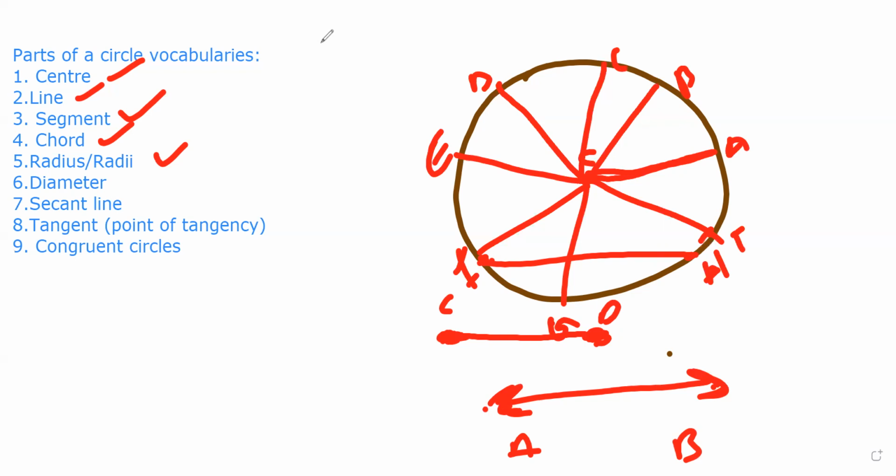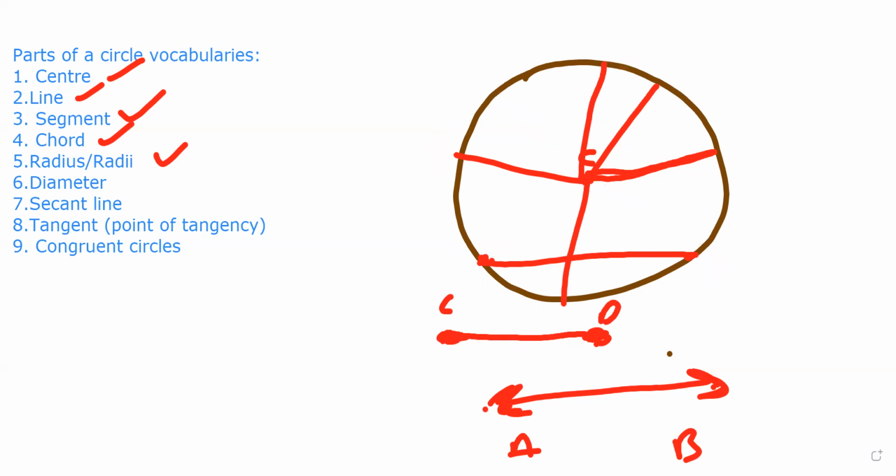So if C to A is 5 centimeters, all of them are 5 centimeters. All the radii are equal, so none is different in distance from the other. So that's a radius. Sometimes they put R for radius.